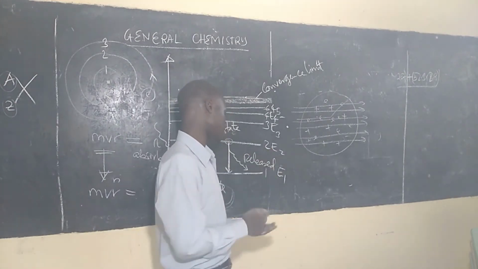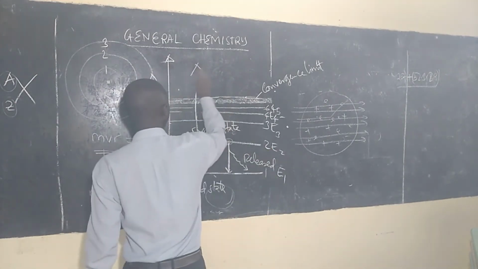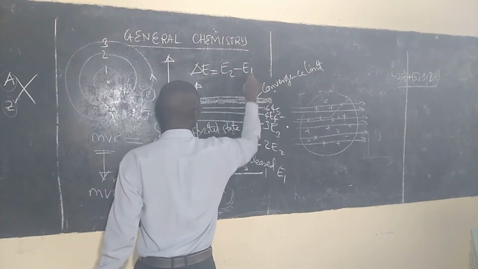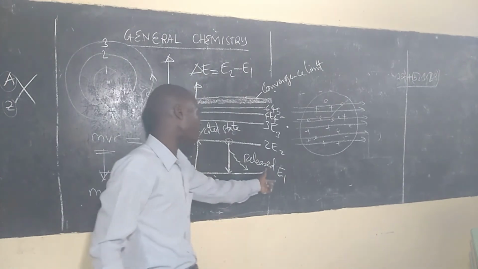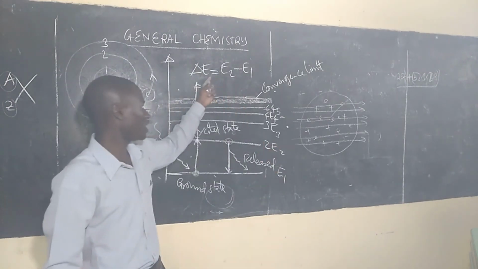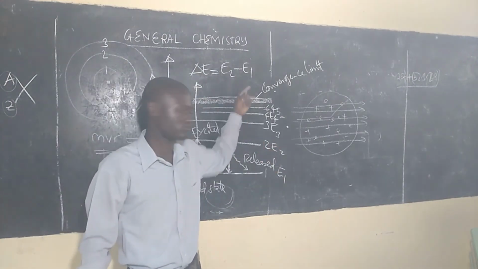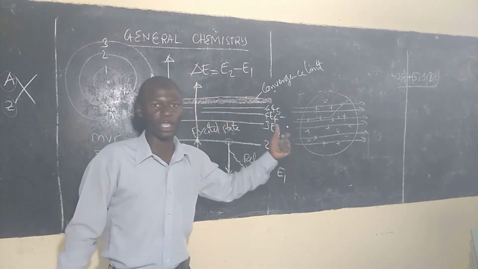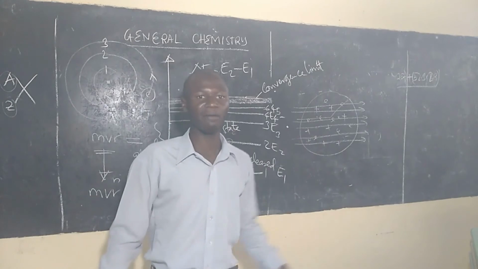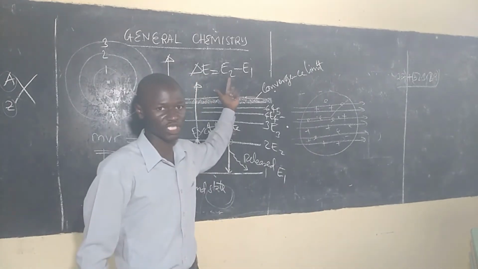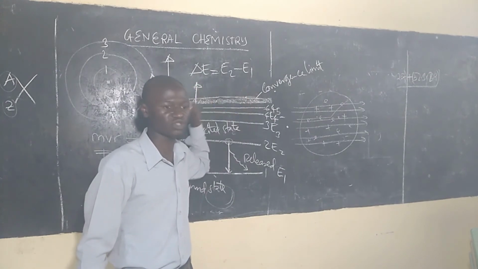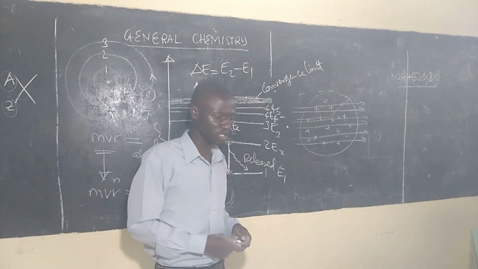Hapo ni sawa na difference hapa. Hapo tutasema change in energy ni sawa sawa na E2 minus E1. So ikitoka hapa kuja hapa ita absorb amount of energy, ikitoka hapa juu kushuka hapa ita release or emit amount of energy which is equal to this amount. Kwa hiyo ndio kipimo cha energy ambayo either itakuwa absorbed or released during electron transition.